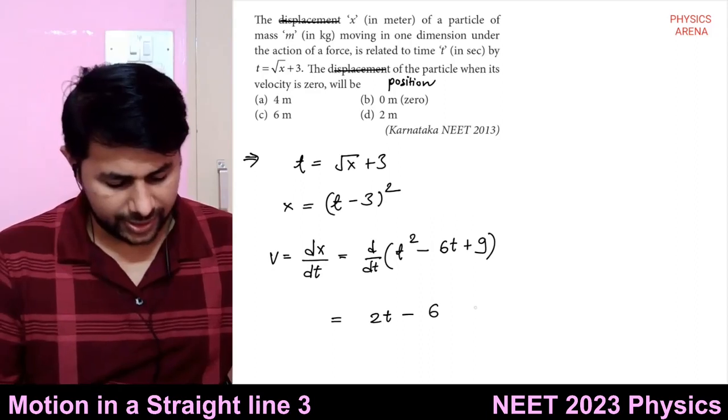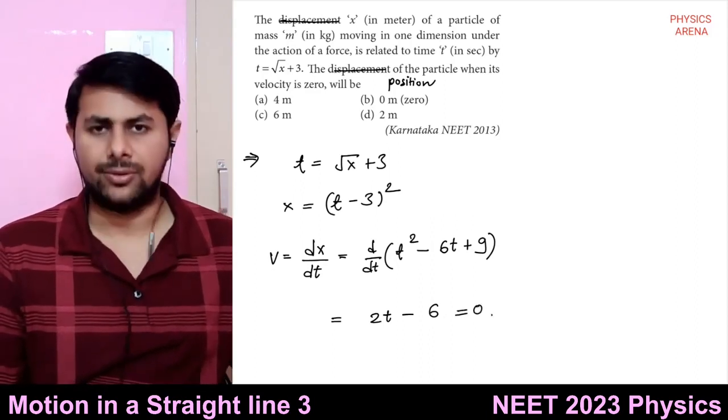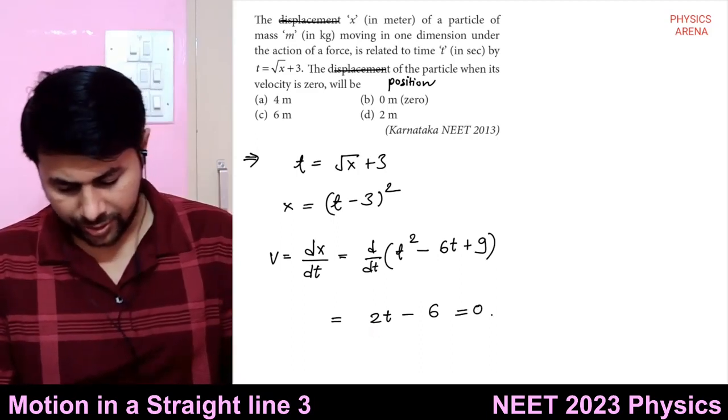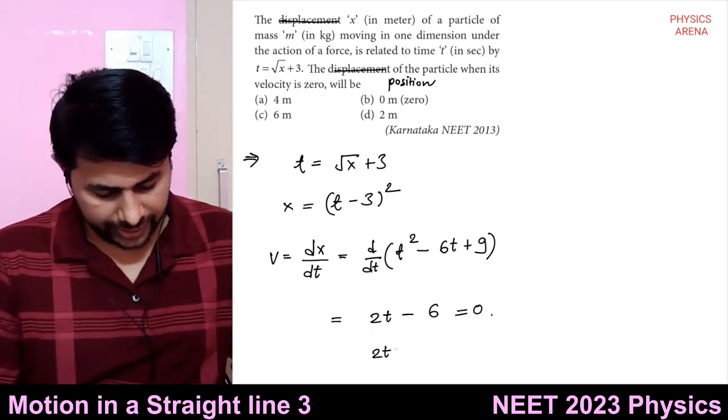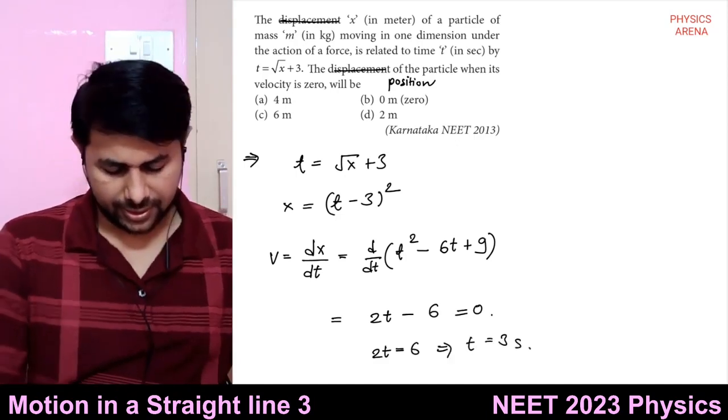So 2t minus 6, and it's given that at some time this is equal to 0. So 2t minus 6 is equal to 0. That means 2t is equal to 6 and t equals 3 seconds.